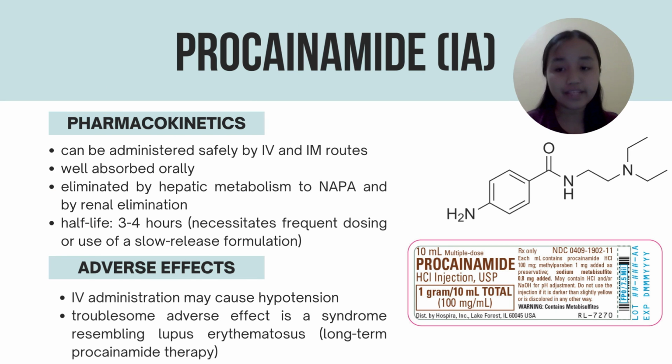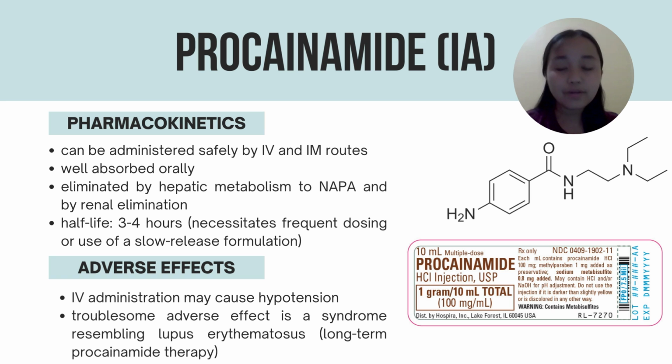For its pharmacokinetics, procainamide can be administered safely by intravenous and intramuscular routes and is eliminated by hepatic metabolism to its metabolite N-acetylprocainamide, or NAPA, and by renal elimination. In addition, its half-life is 3 to 4 hours, which requires frequent dosing.